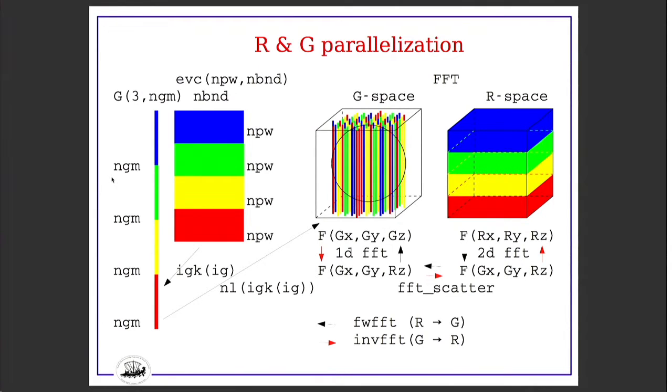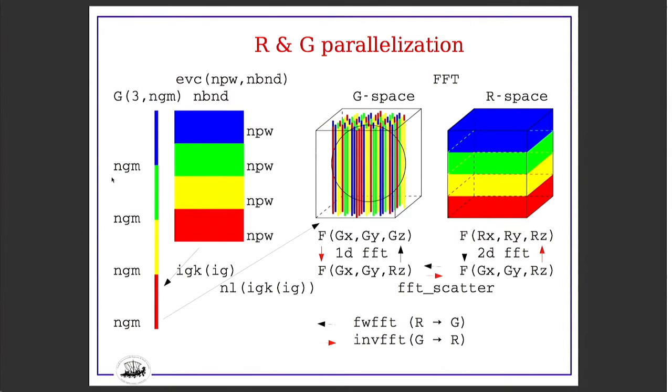dealt with when you have to move from reciprocal space to real space. We have some indexing that brings the plane waves from the array containing the Fourier components of the wave functions or projectors or whatever, and we map them into the FFT grid in reciprocal space.